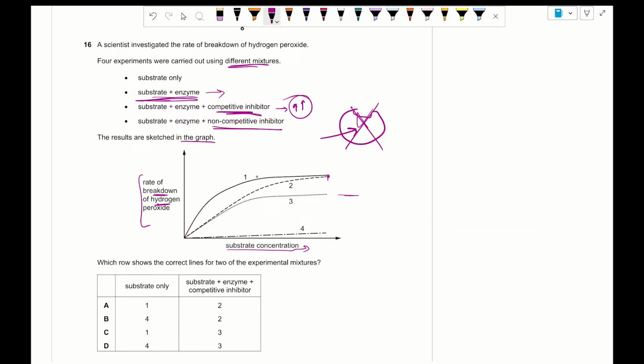Therefore, 1 is going to be the substrate plus enzyme. And I've mentioned that for the substrate plus enzyme plus competitive inhibitor, if we increase the substrate concentration, it will eventually reach the optimum. Therefore, 2 is the competitive inhibitor.